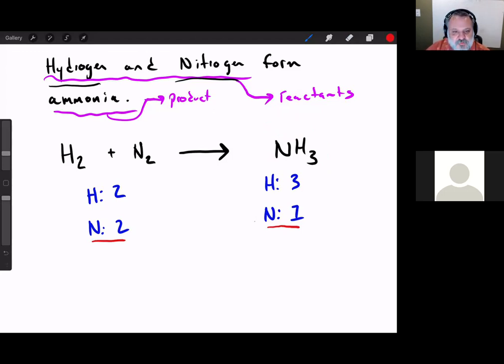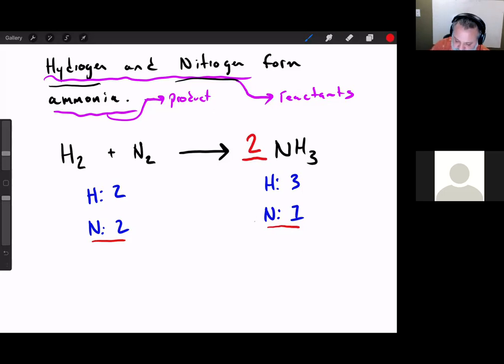But I've got 1 nitrogen on the product side and 2 nitrogens on the reactant side. So what could I put here in order to make the numbers the same? Yeah, 2.